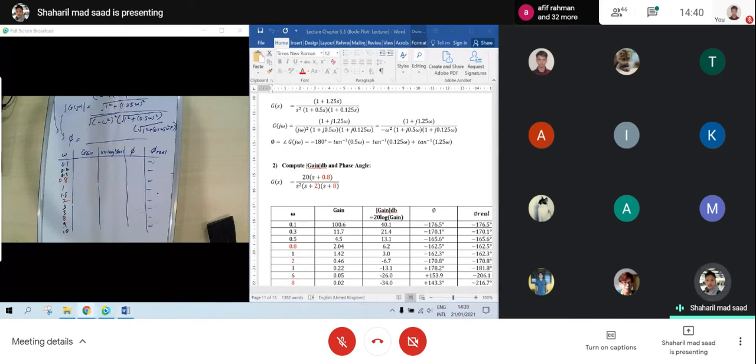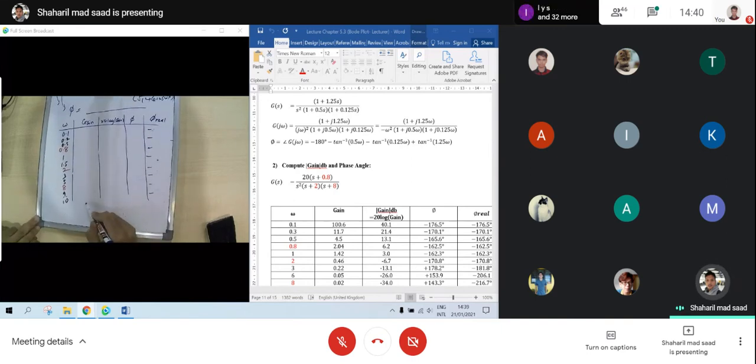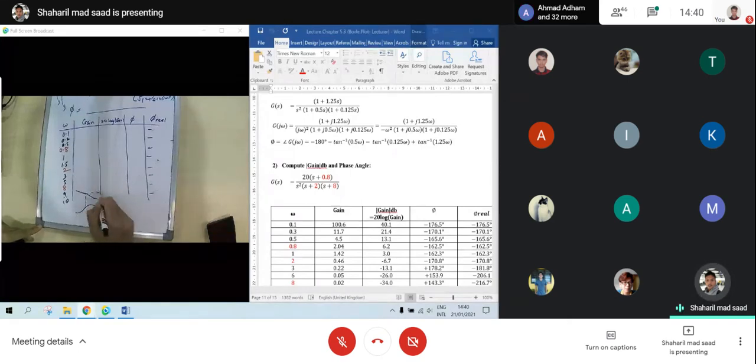Actually, it doesn't matter. As long as after this you're going to find, for example, this is how you draw your Bode diagram. After that, you're going to find the gain margin and also the phase margin.